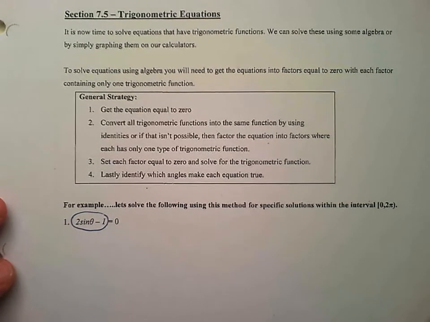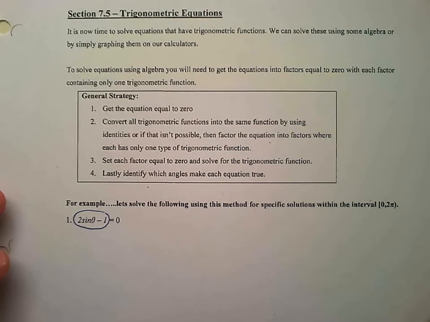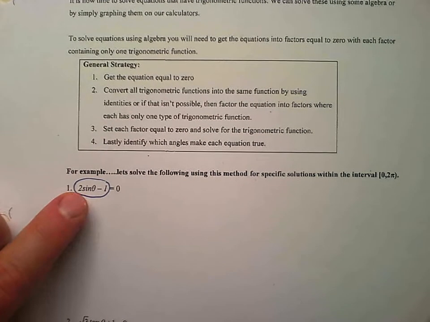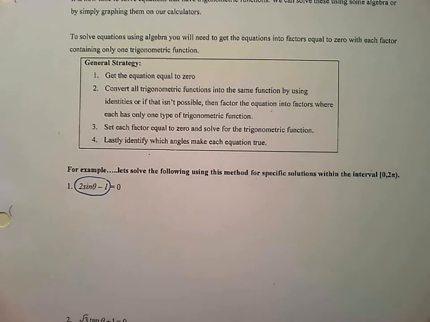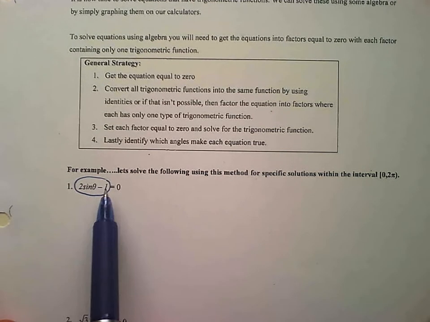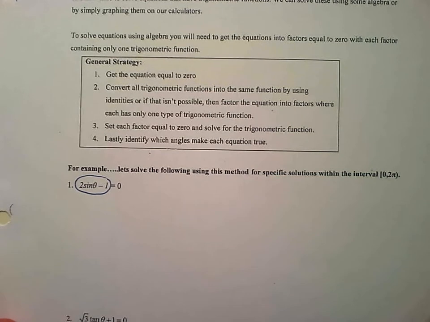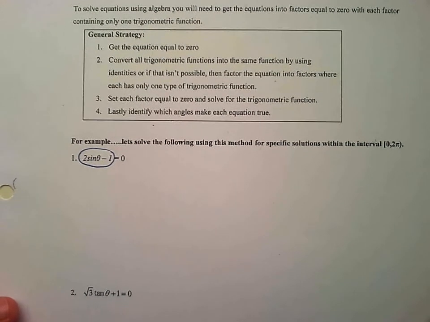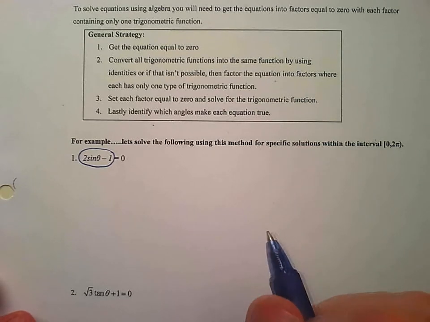Just like we factored other types of equations before, if this ended up being a factor, then we can set this equal to 0 and solve for theta. But we're just going to start off and say that this is our only portion that we're dealing with. So we have 2 sine of theta minus 1 is equal to 0. We're trying to figure out what theta is equal to.